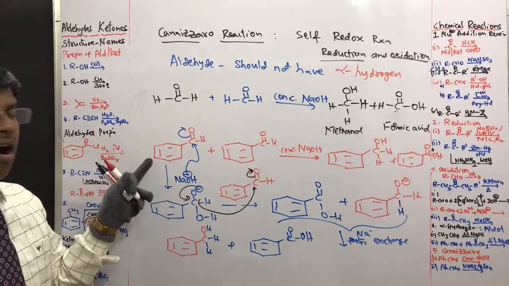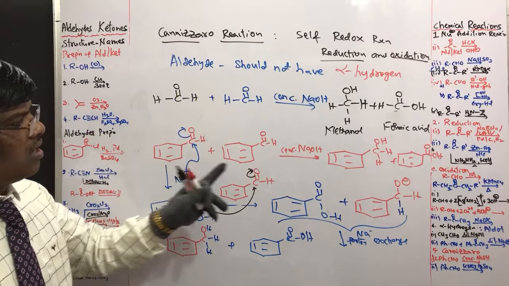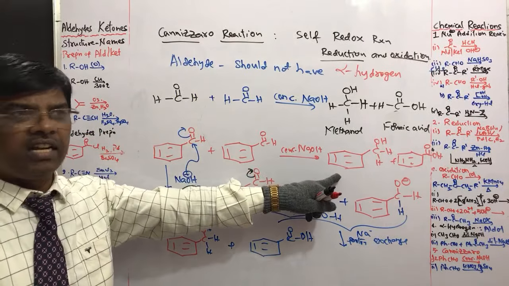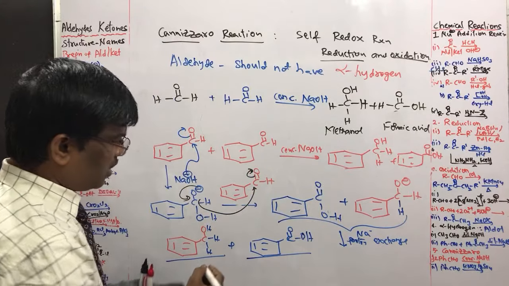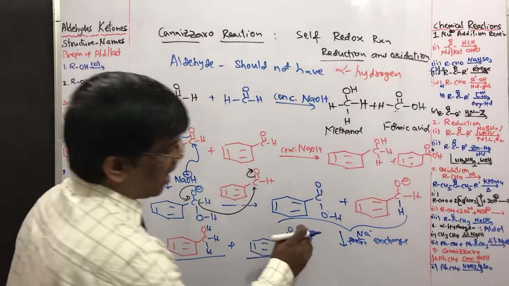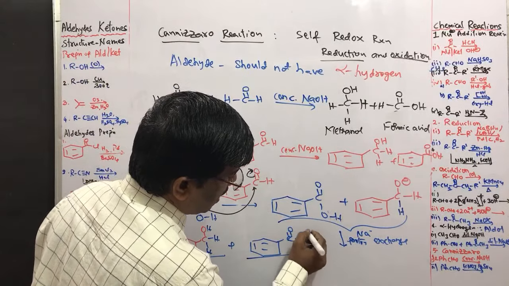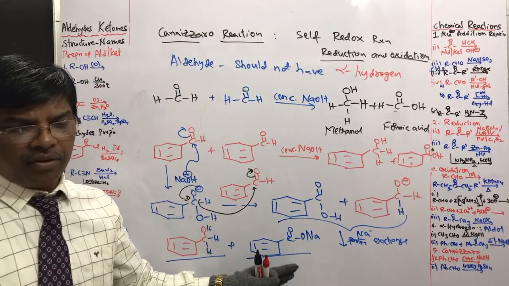So the aldehydes which do not have alpha hydrogens undergo self oxidation and reduction. This is the oxidized product which is acid. This is the reduced product which is benzyl alcohol, and benzoic acid, and you may be asked to write only up to this stage. The sodium salt of benzoic acid you can also write if you are asked to.